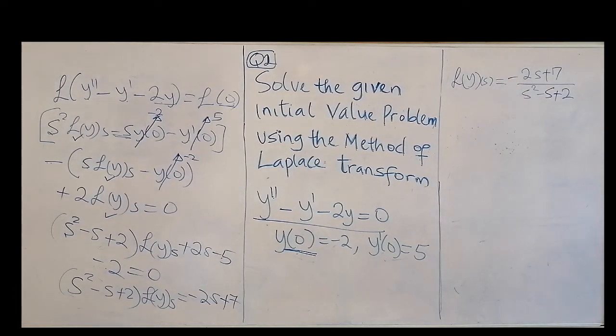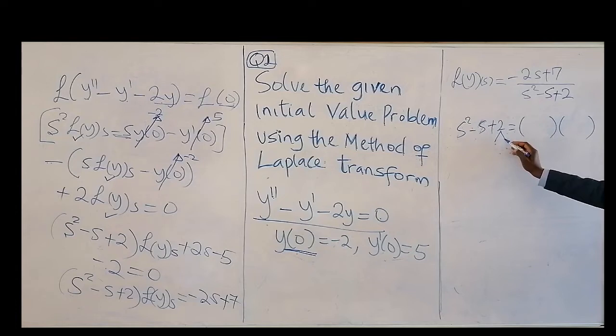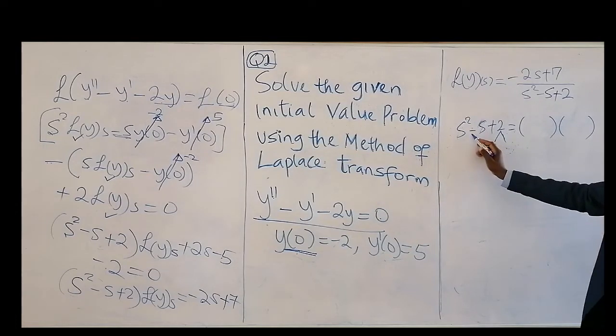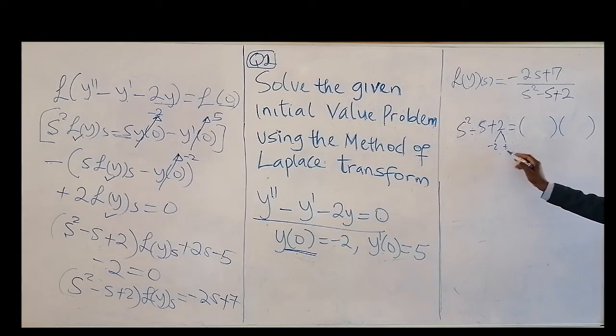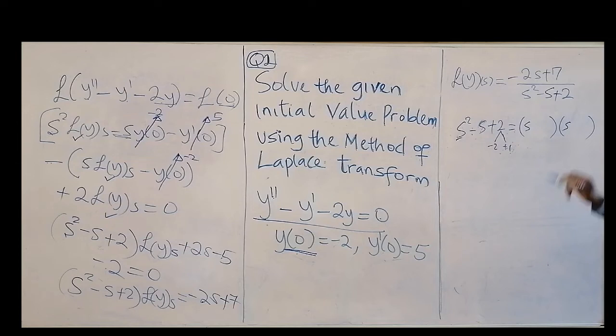Okay. So what we can do now, let's check the denominator. Can we factorize the denominator? The two factors of minus 2 that can generate minus 1 will be minus 2 plus 1. So we can factorize it.